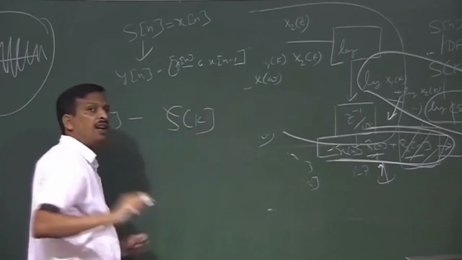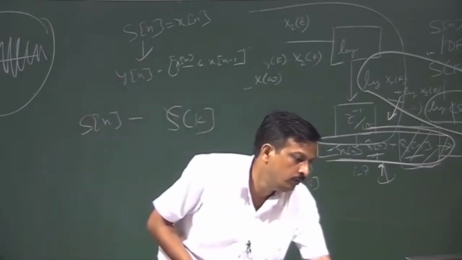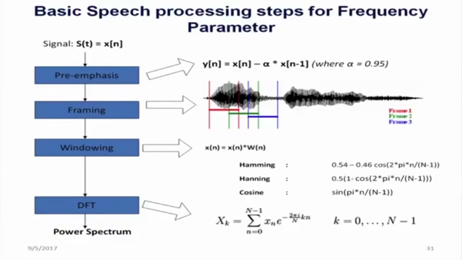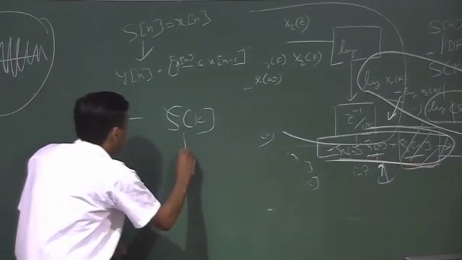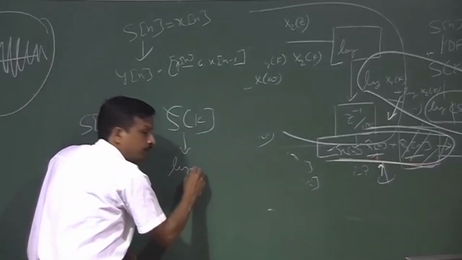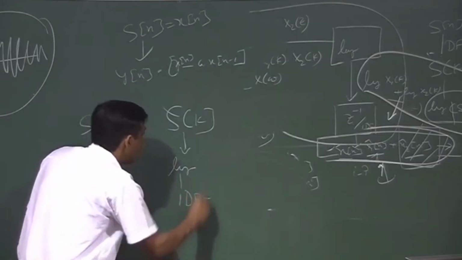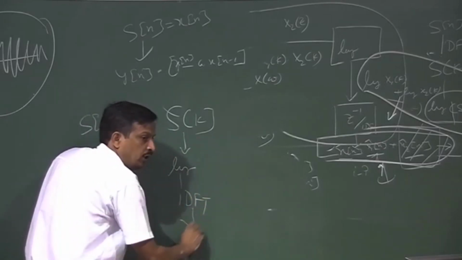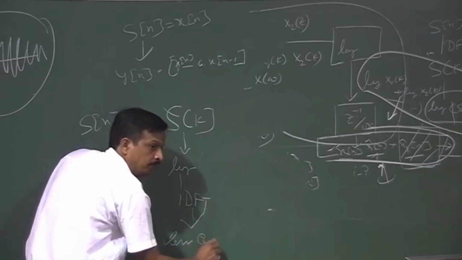Then for spectrum analysis, this S(k) goes to the log, then I do the IDFT. If I do that, the output is called the complex spectrum.